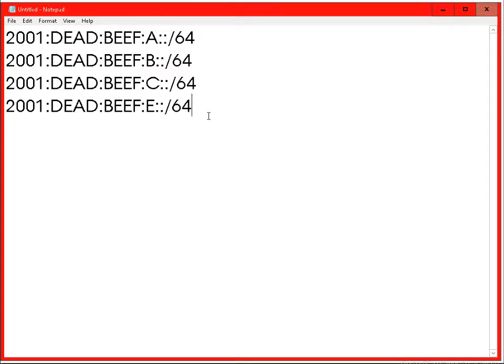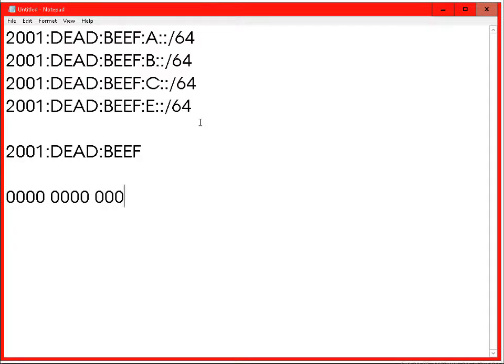Obviously, our goal here is to identify what are the common bits versus the uncommon bits. And I think everybody would agree that 2001, DEAD, BEEF are definitely common between all of these networks. So alpha in this particular case would be 1, 2, 3, 4, 1, 2, 3, 4, 1, 2, 3, 4, 1, 2, 3, 4.